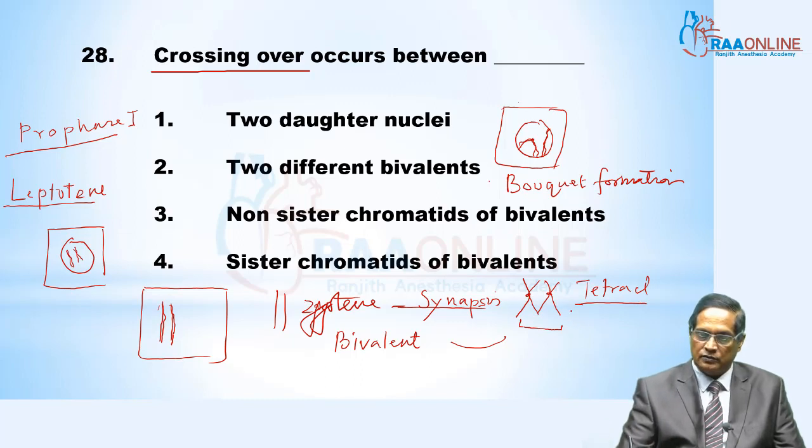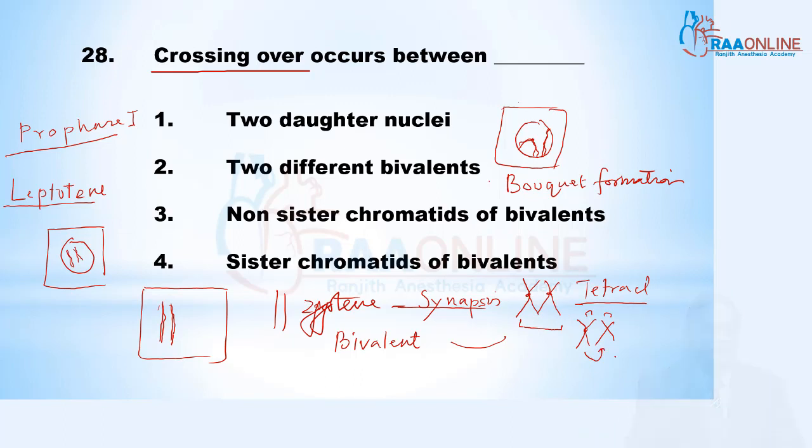This is followed by crossing over. What is crossing over? These 2 chromatids of a chromosome are called sister chromatids, and these 2 are also sisters. But there is a segmental exchange between non-sister chromatids.